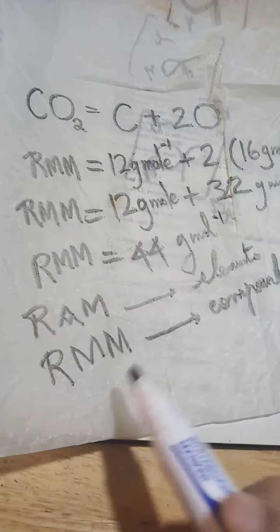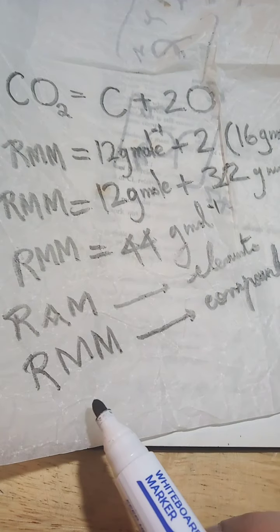So RAM, relative atomic mass, is to elements as relative molecular mass is to compounds.